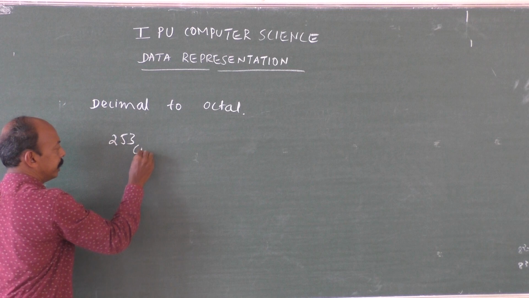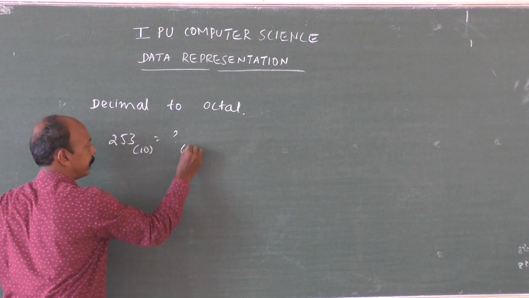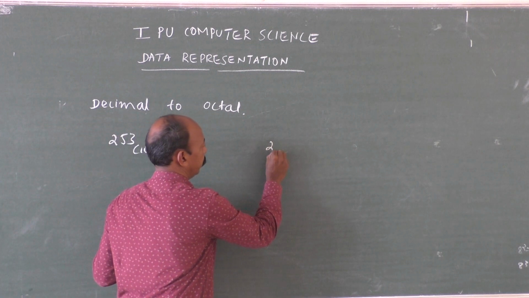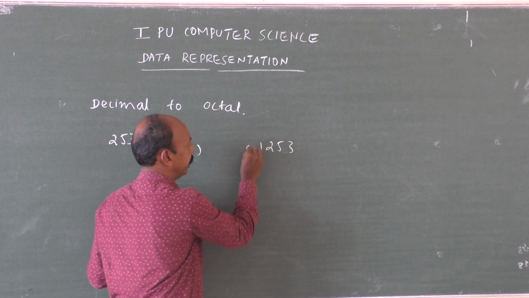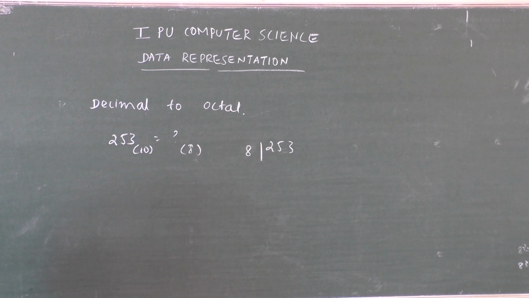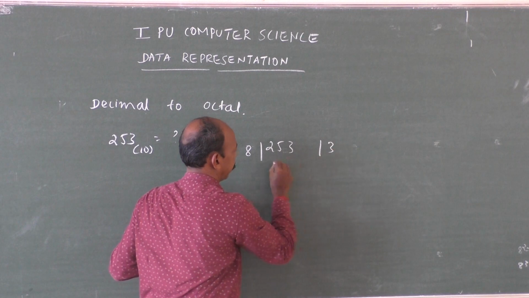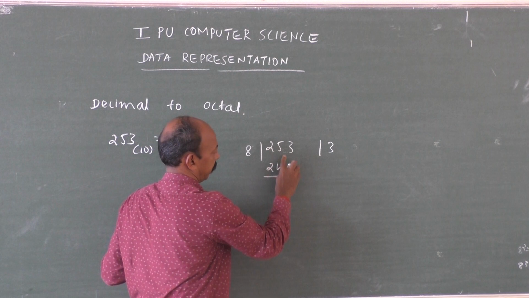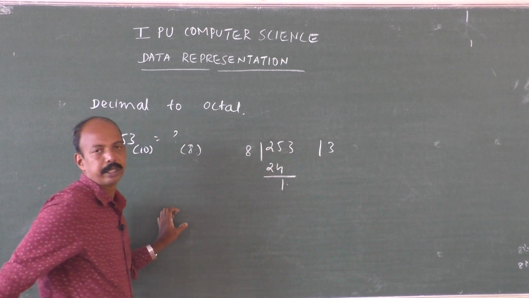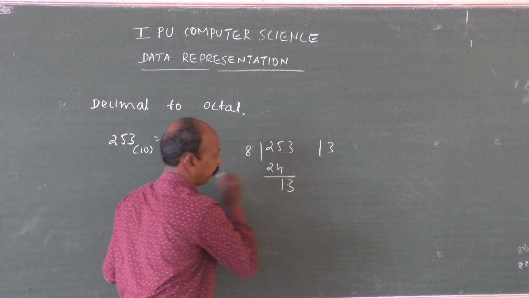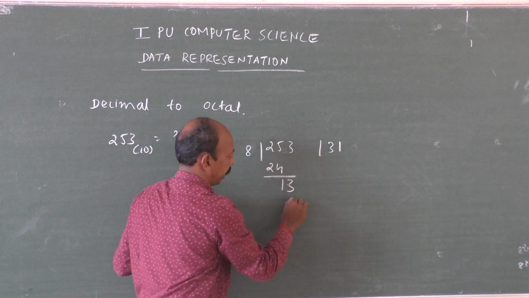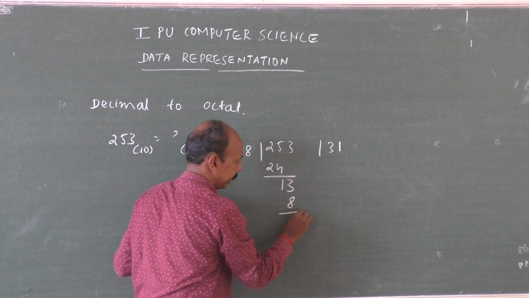253 to the base 10 is how much to the base 8? Try this. What should we do? 253 divided by 8. 8 3s are 24. 1 in hand. That is 1 is the difference. 3. 8 1s are 8. 13 minus 8 is 5.